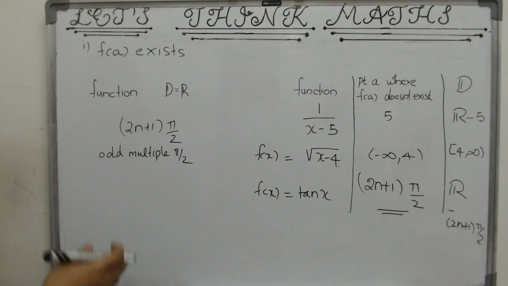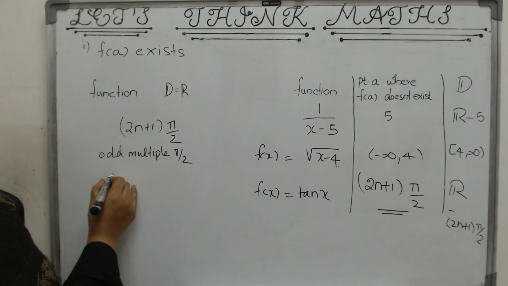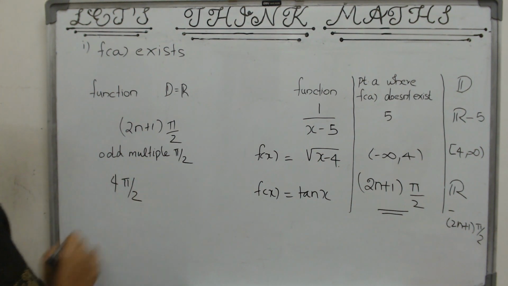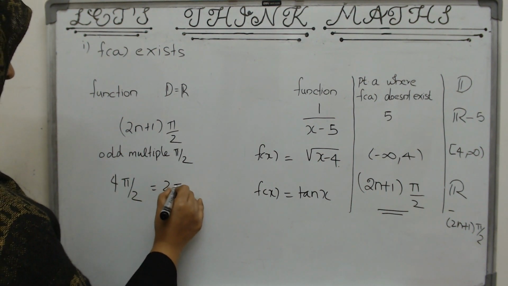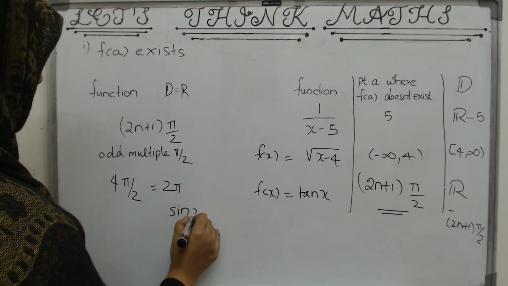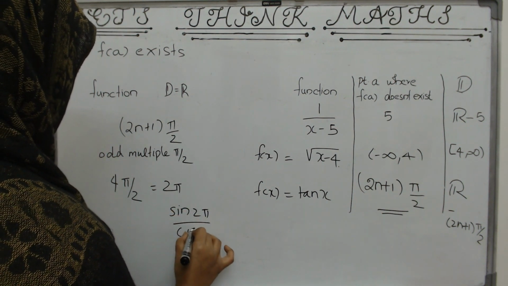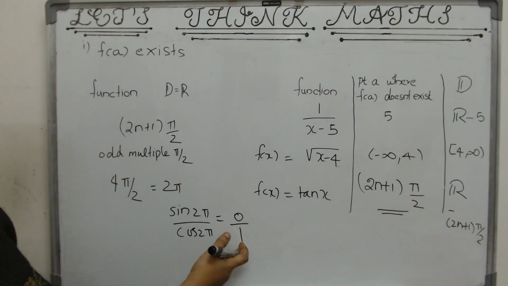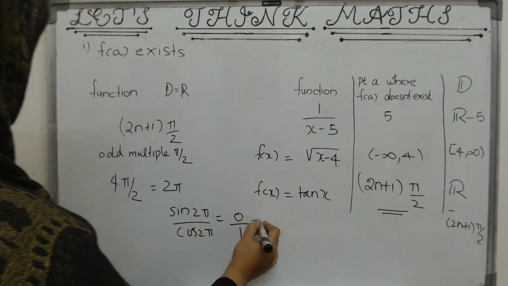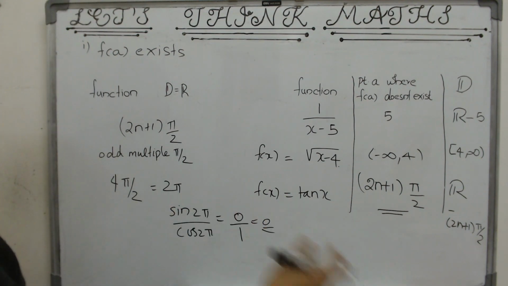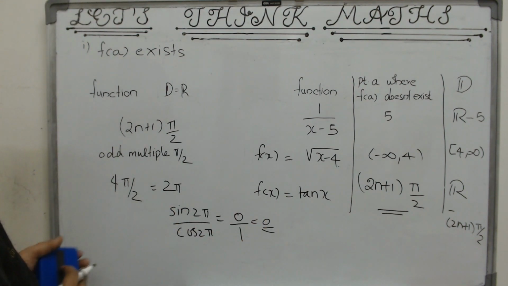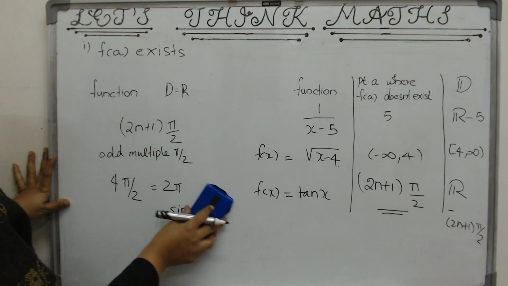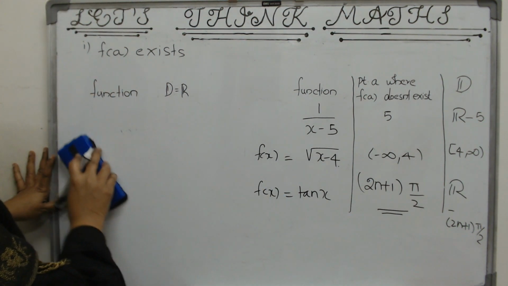Why are we stressing on only odd multiples? Because what happens if it is an even multiple? Then it becomes 2 pi. Then sin 2 pi by cos 2 pi is equal to 0 by 1, since cos 2 pi is 1. So 0 by 1 is 0, which is fine. 0 is finite. 0 is real. So we cannot exclude this. The whole situation changes. That is why we are stressing on the odd multiple part.